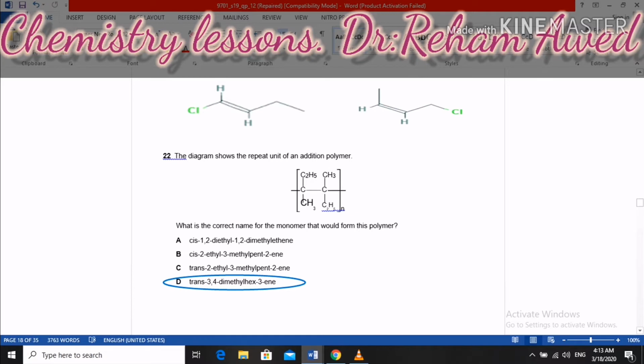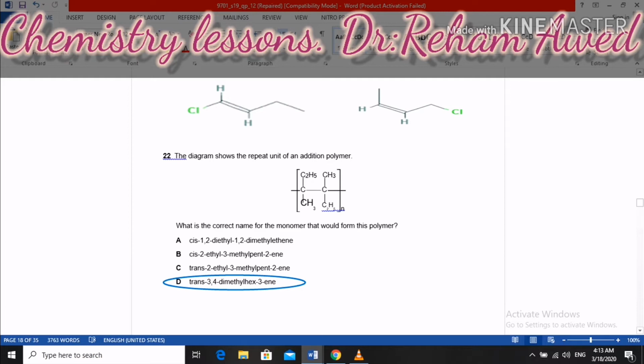As we are looking for the longest carbon chain, we will take C2H5, C, C, C2H5. So we have a hexene with the double bond in position 3. So we have hex-3-ene. Don't forget we have two substituents.